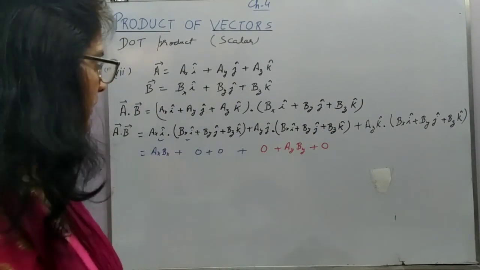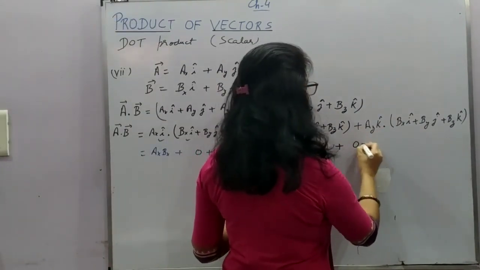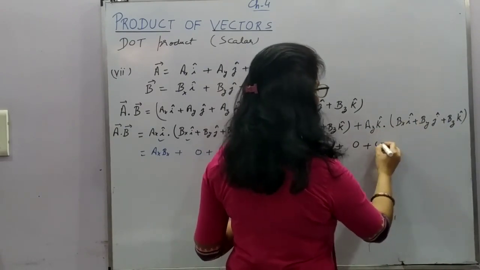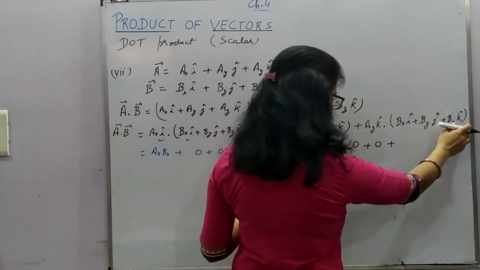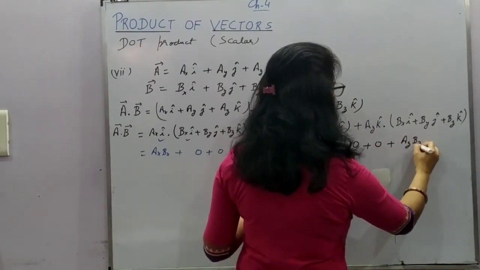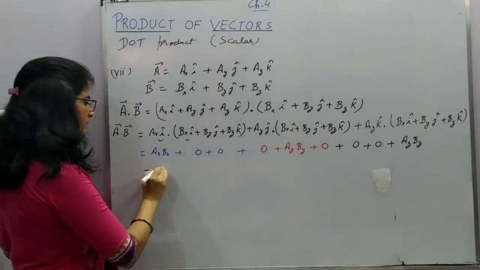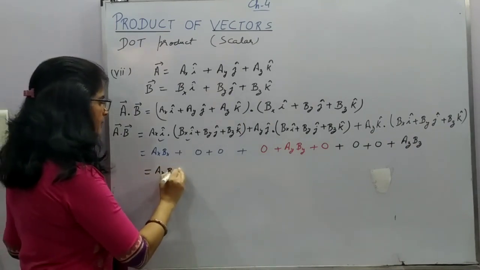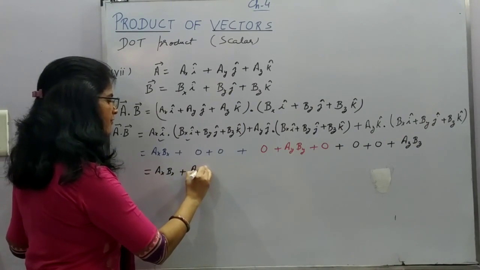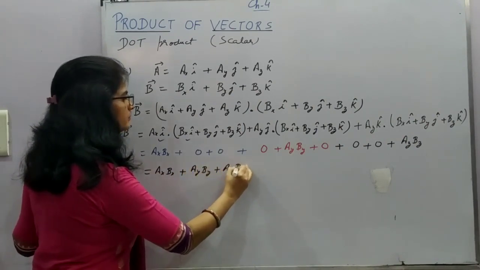If I look at the third part, again k dot i is 0, k dot j is 0, so k dot k is 1, so Az into Bz into 1 will give us this. So what will be the final result, beta? This will be Ax Bx plus Ay By plus Az Bz.